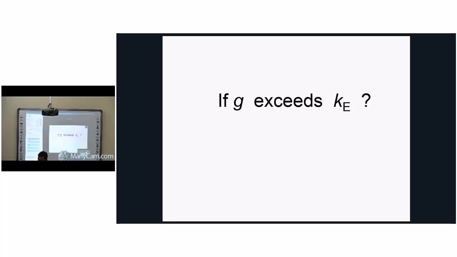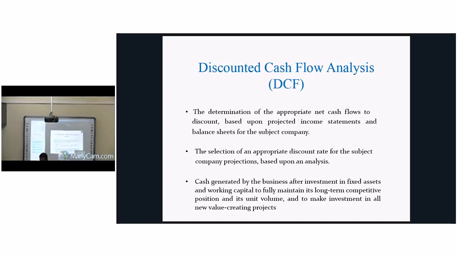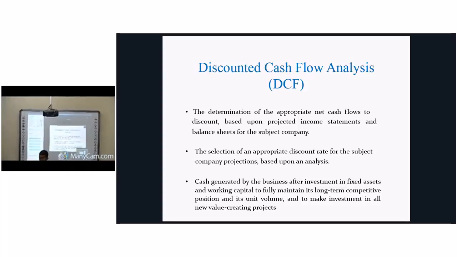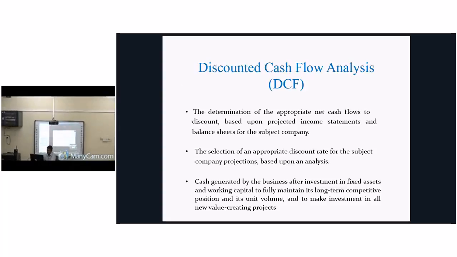Okay, we already discussed this, where if the growth rate is above the KE, what kind of different alternatives we need to take. Right, so let's move on to the next model, that is the discounted cash flow model. We already discussed this in the last session, so I'm not going to go into detail, but just to refresh, this is where we calculate the expected cash flows.